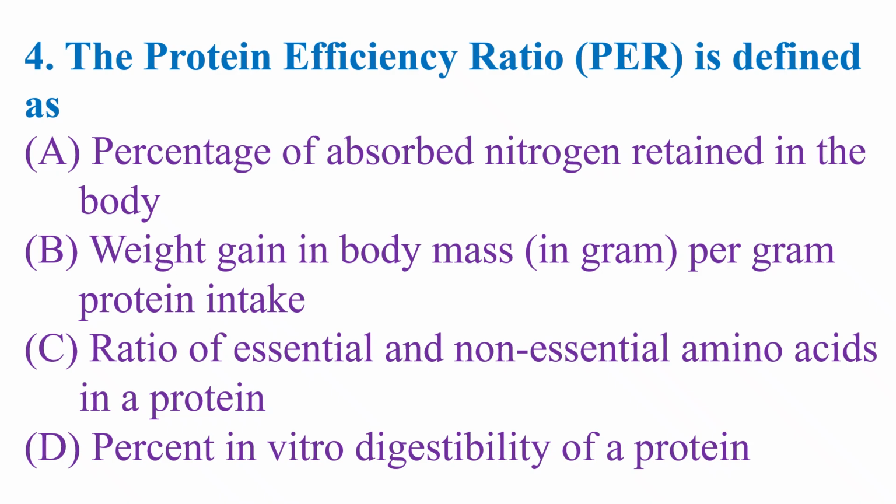Question 4. The protein efficiency ratio is defined as: percentage of absorbed nitrogen retained in the body, weight gain in body mass in grams per gram protein intake, ratio of essential to non-essential amino acids in the protein, or percentage in vitro digestibility of the protein. So protein efficiency ratio is actually a measure of how effectively a protein supports growth.